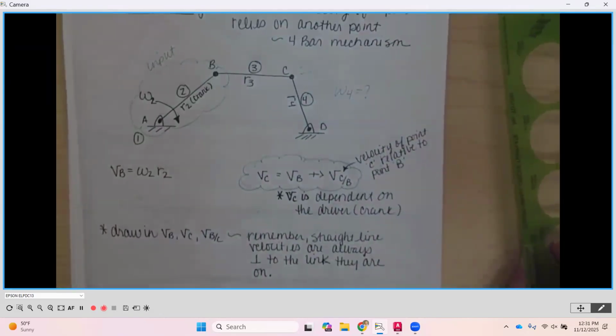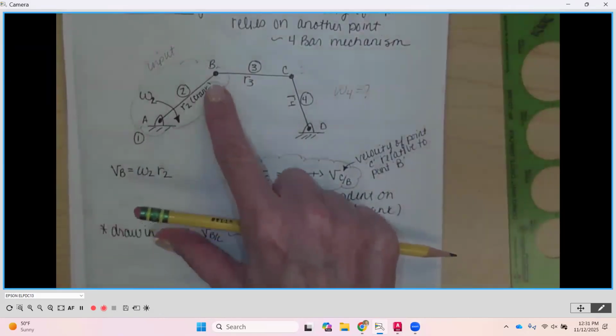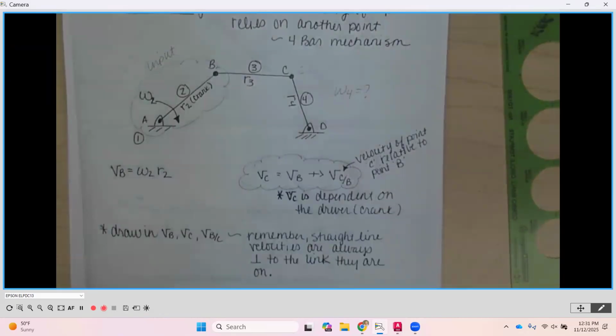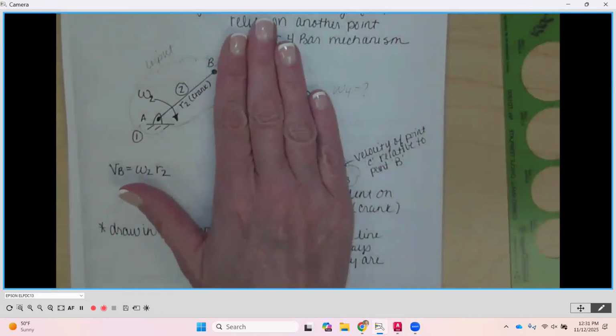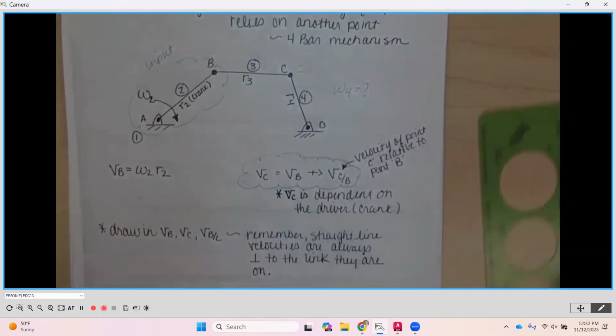Draw me the vector VB at the end of link number 2. Now we've been seeing previous to this page, all of our links have been just one link, right? So at the end point there, this really doesn't change. Just show the velocity of point B on the end of link number 2 as you would draw it based on the information you have here. We don't have numbers. We can draw the vector.